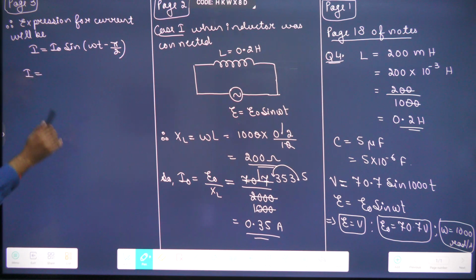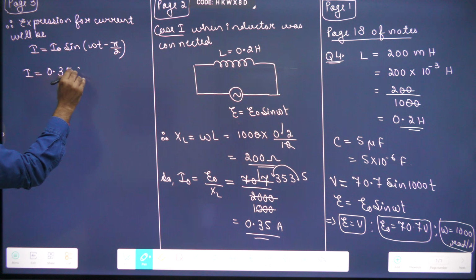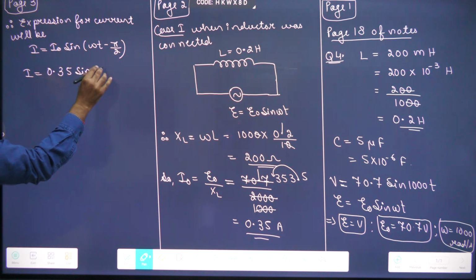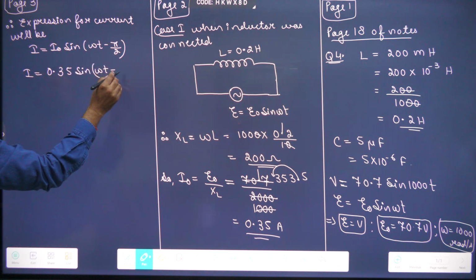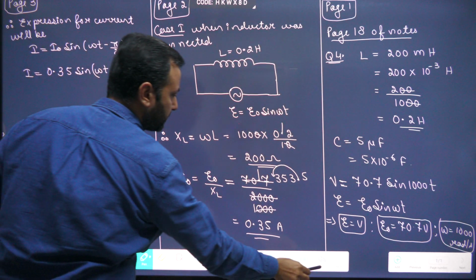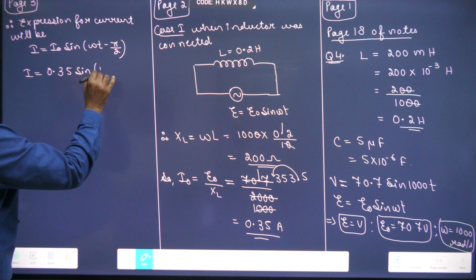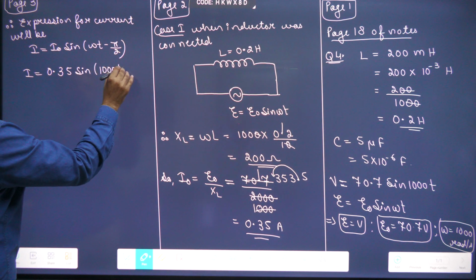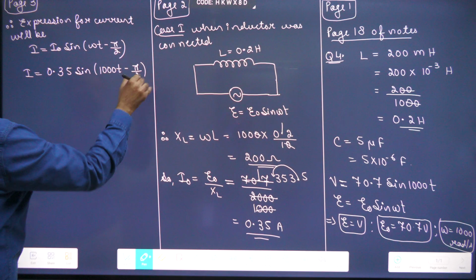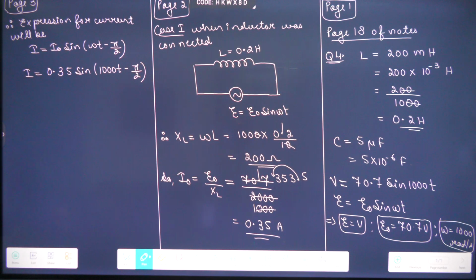What is I naught? I naught is 0.35. What is omega? Omega is 1000. So I is equal to 0.35 sine 1000 t minus pi by 2. Okay. Now, case second.